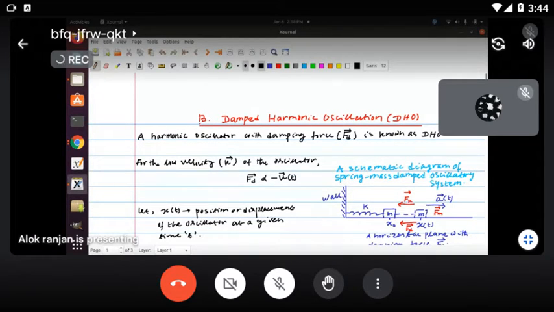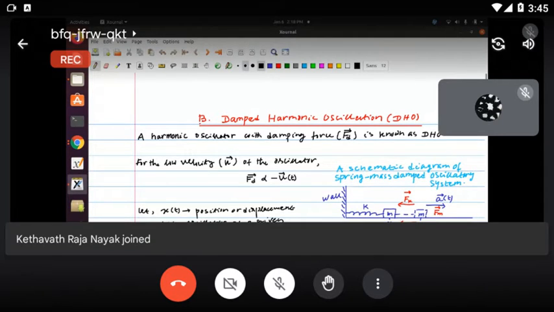In the last class, we discussed the simple harmonic oscillator. We began by giving a number of examples where we can see oscillations, and then we said we have harmonic oscillation if we have harmonic approximation, and that we could have three different types of harmonic oscillator: simple, damped, and forced.